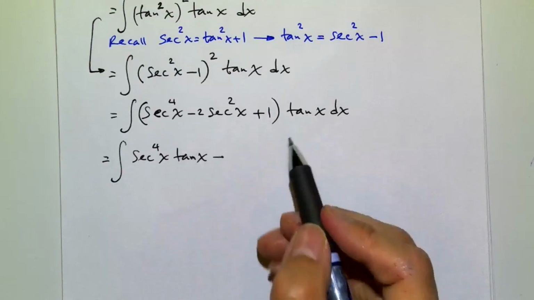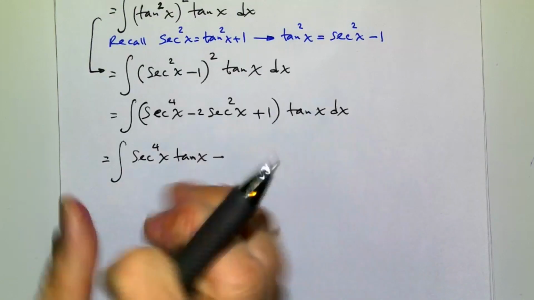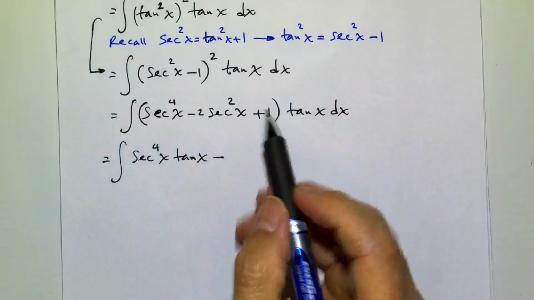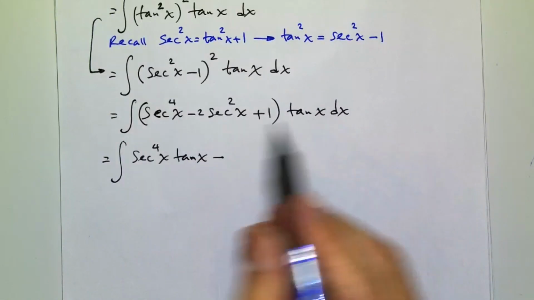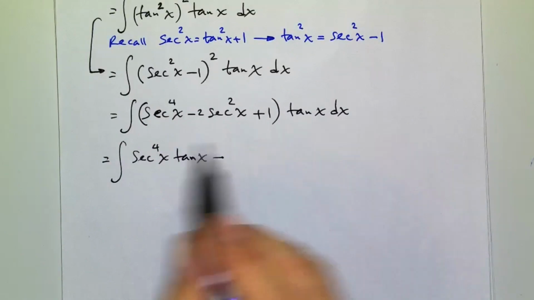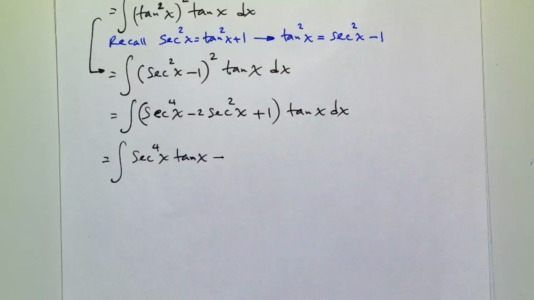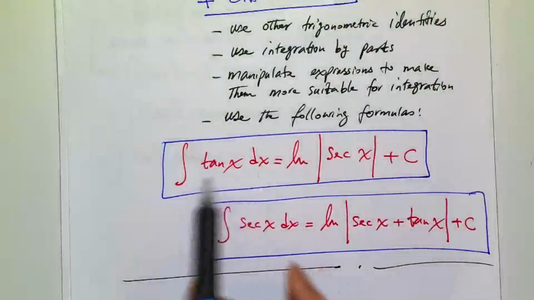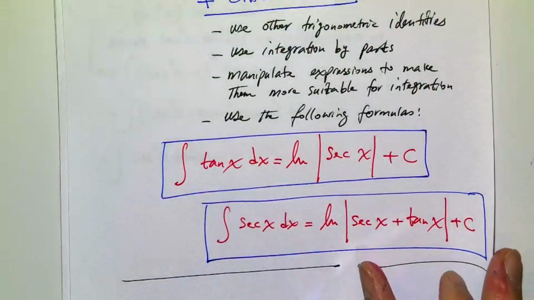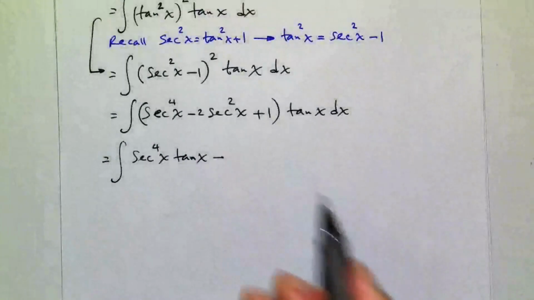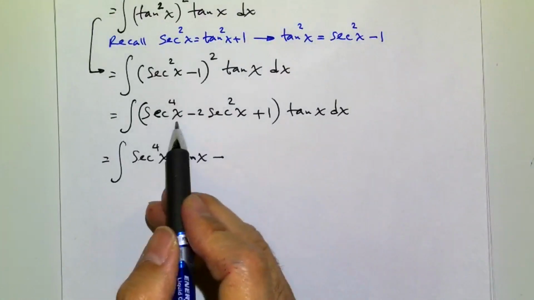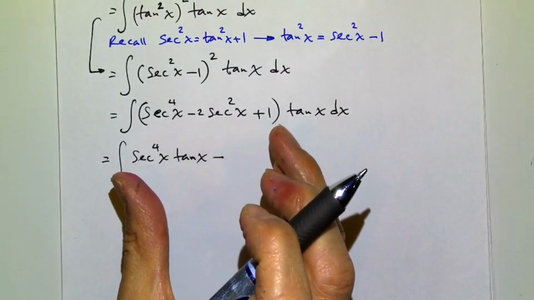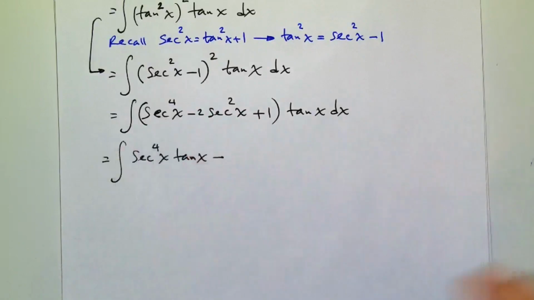Well, as we distribute this, let's break it apart into pieces so that it's easier to integrate. And you'll see why, because now we're going to be able to use one of these formulas. And that'll be nice. So as I'm distributing this, I'm going to break this integral into individual pieces.